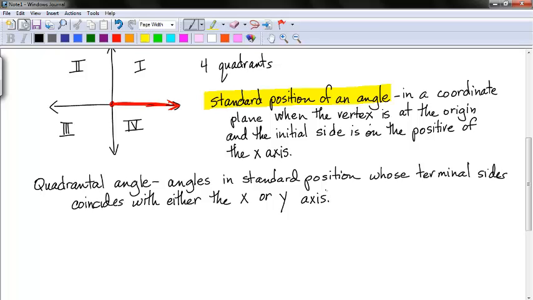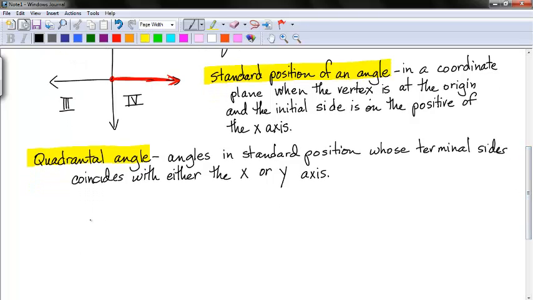A quadrantal angle is in standard position, so it's got to start on the positive side of the x-axis, and the terminal side coincides with either the x or y axis.